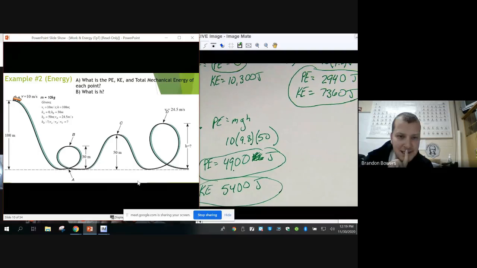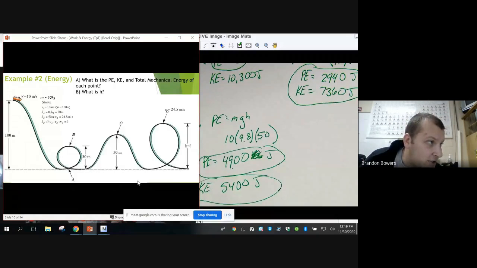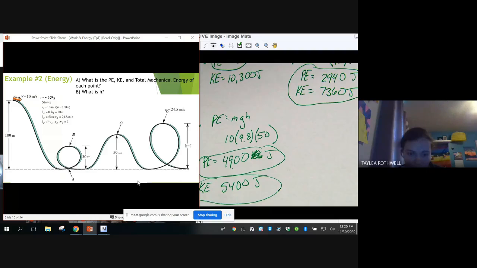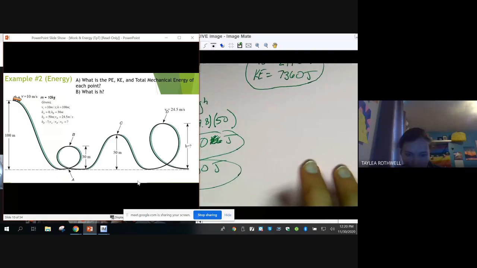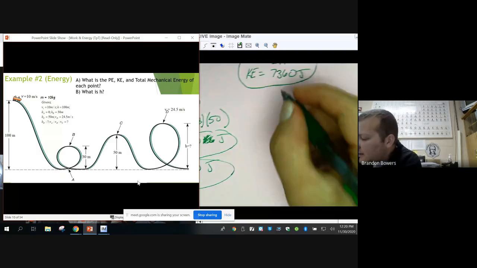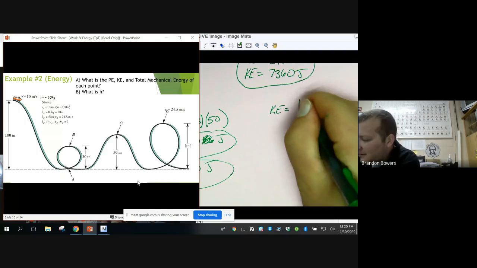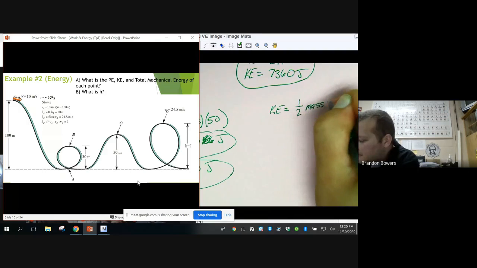All right. So for point D, what we have to do is solve for H, the height. There are different ways we can go about this. The velocity is given to us, so we can solve for the kinetic energy, because kinetic energy is equal to half the mass times velocity squared.